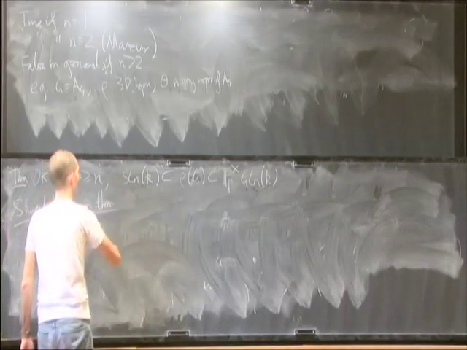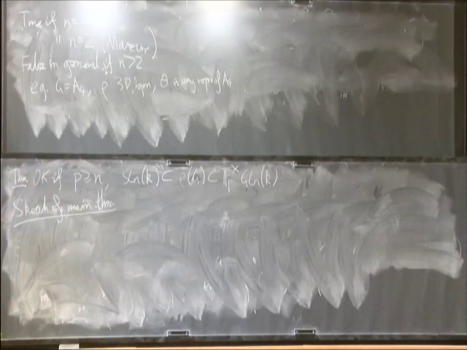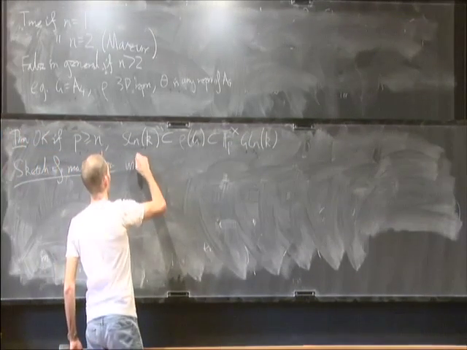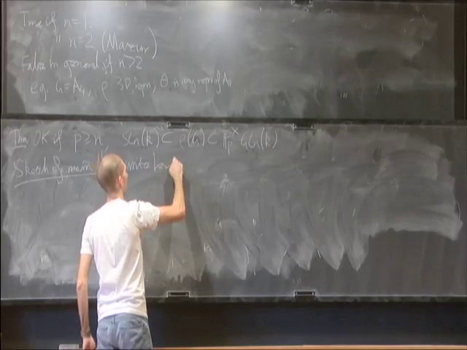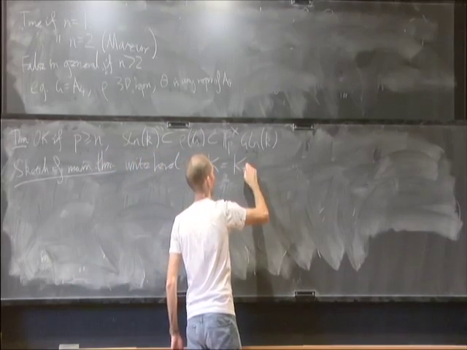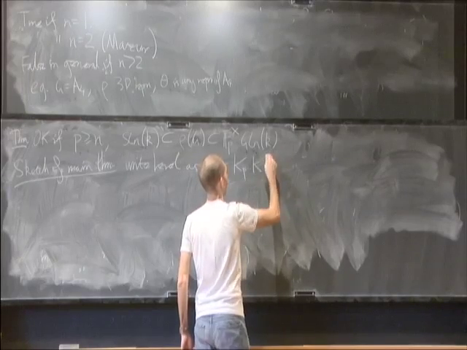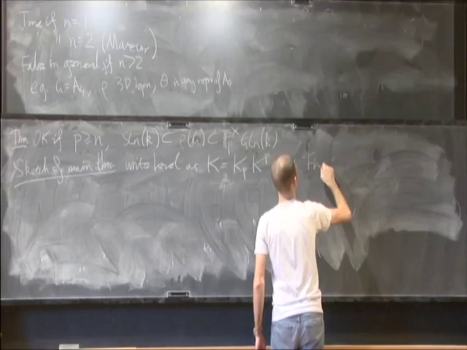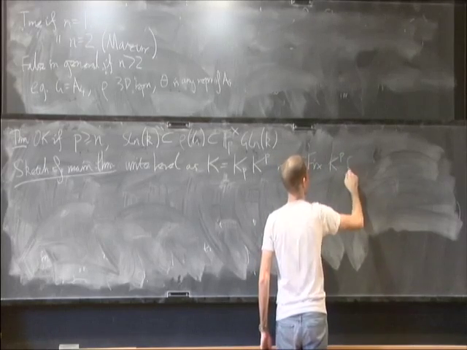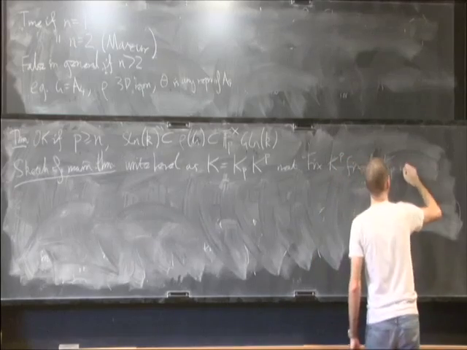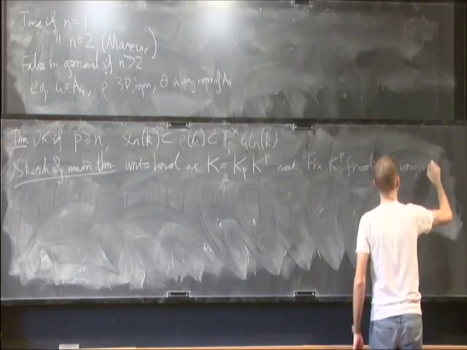The proof of the main theorem. Let's write the level K as a part at P and a part away from P, and let's assume this is neat. Let's think of K^p as fixed and K_p varying.